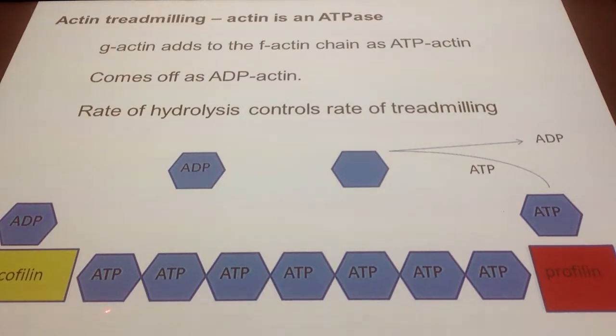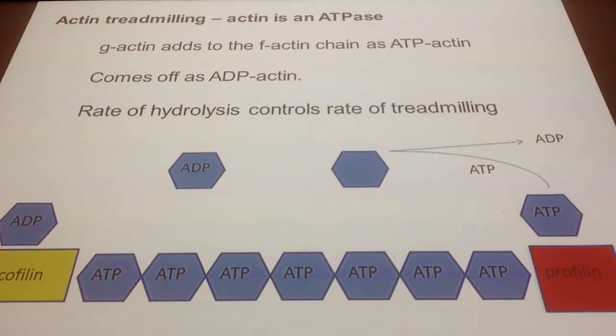Right? So here's a microfilament, let's say this is the leading edge, and here's the cell cortex, and this is a microfilament in the cell cortex. Okay? This is a plus end.